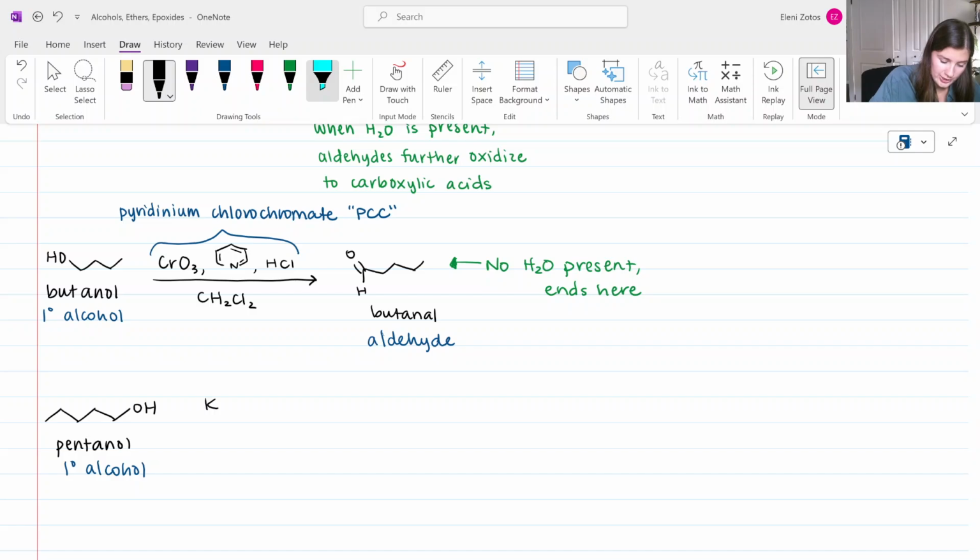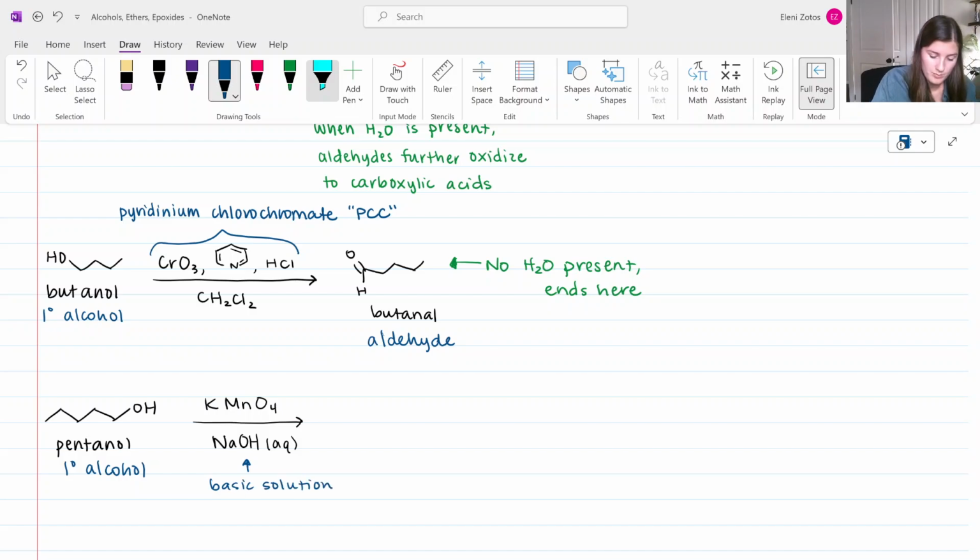We can add reagents KMnO4 and sodium hydroxide, so a basic solution. These reagents produce an anion, a carboxylate anion.